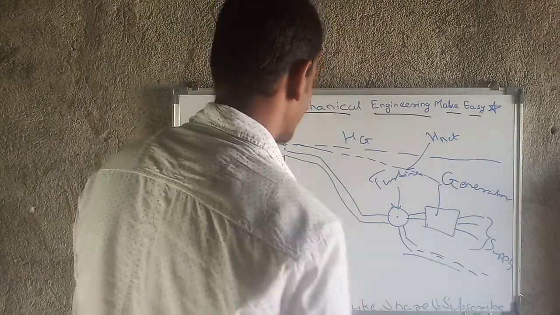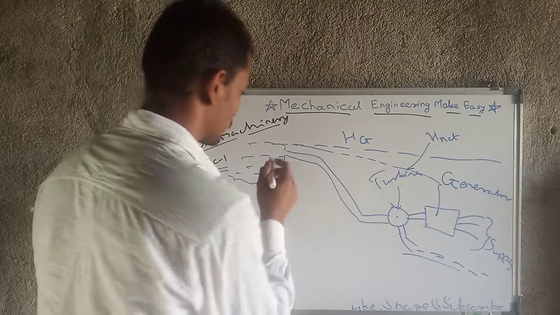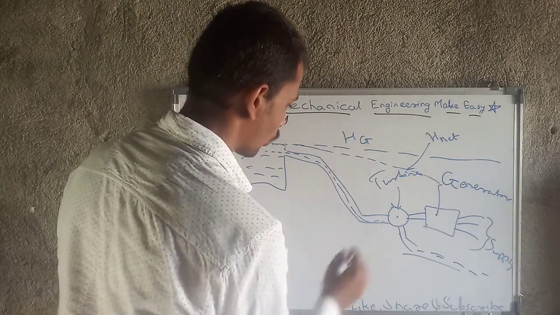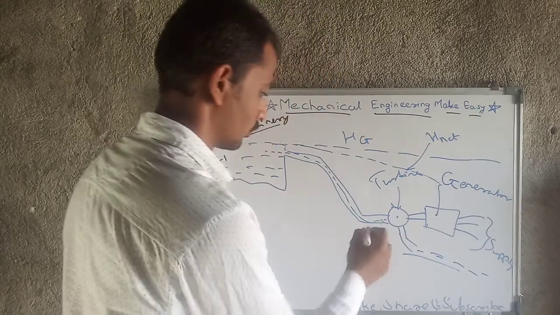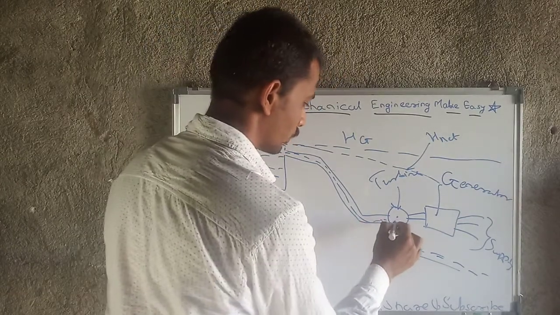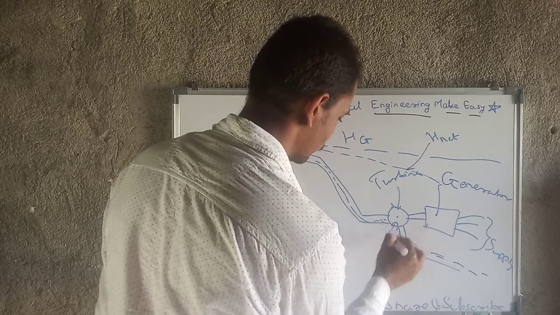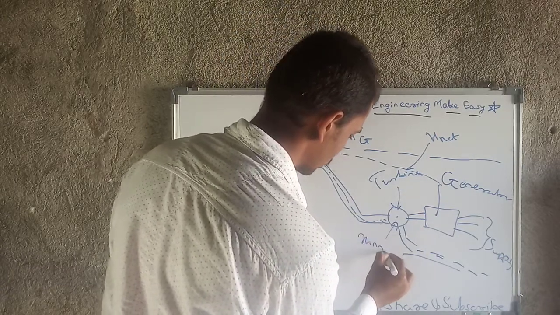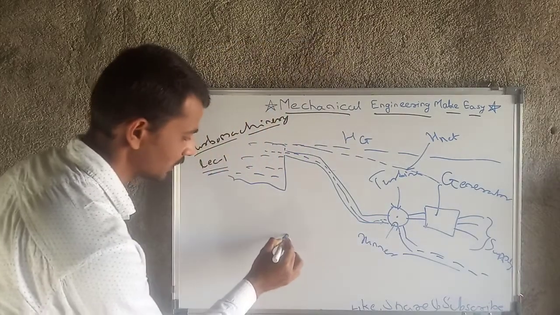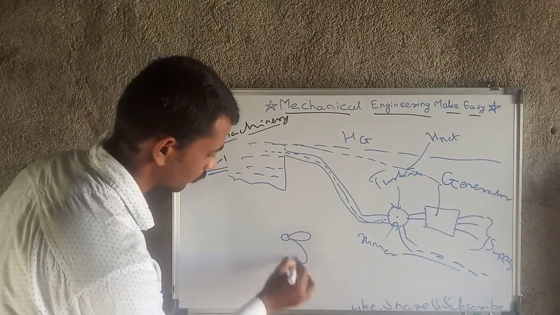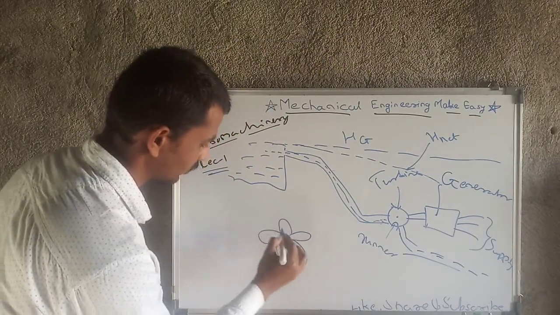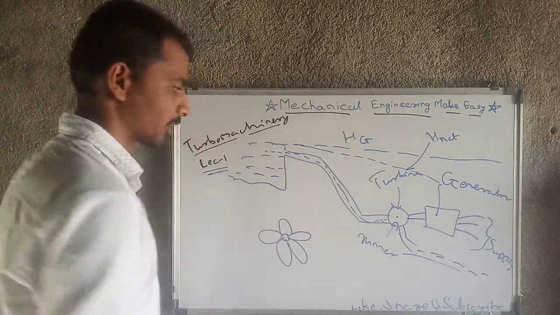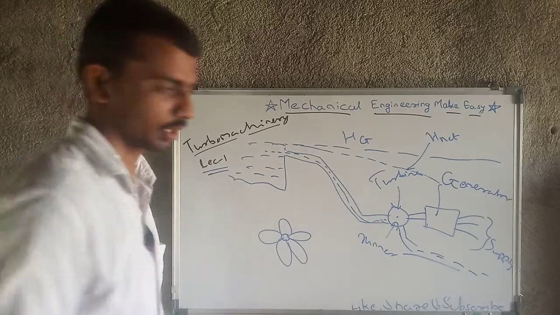After that, the power from the water is going to be converted inside the turbine, where there is a runner. Runner means the wheel which has a number of blades, and the water strikes those blades, and the blades rotate because of the striking of water.